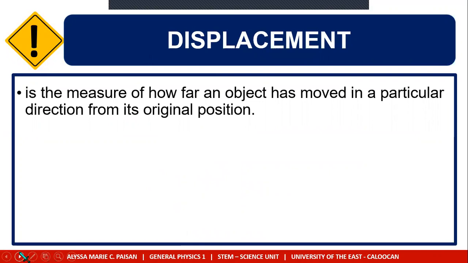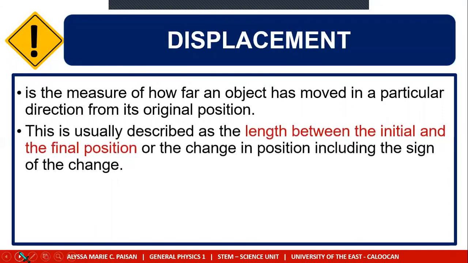If distance is just telling you how far an object has moved, or the total path that the object moved through, the displacement has direction, not just how far, but also in what direction. This is usually described as the length between the initial position and the final position, or the change in position including the sign of change.